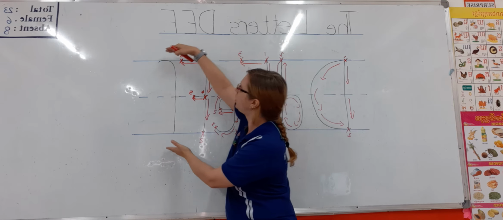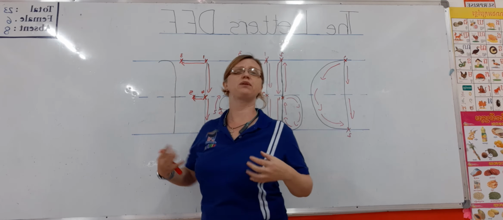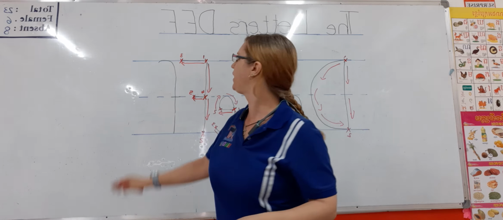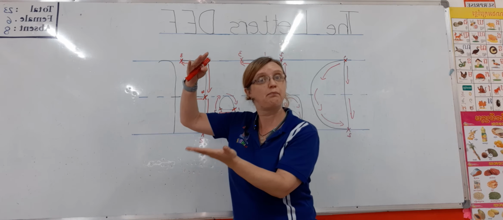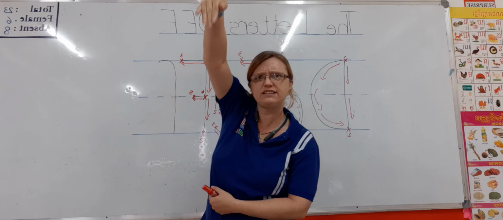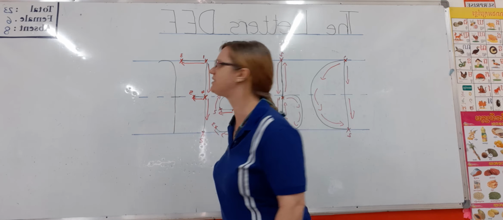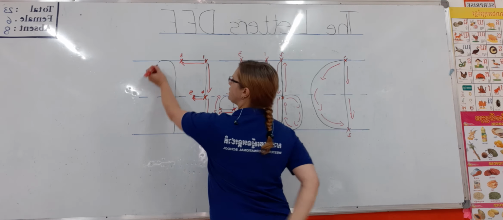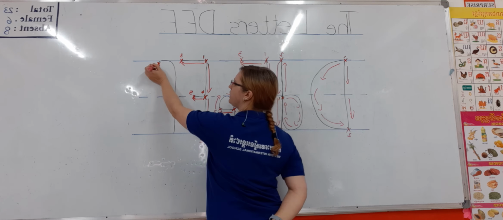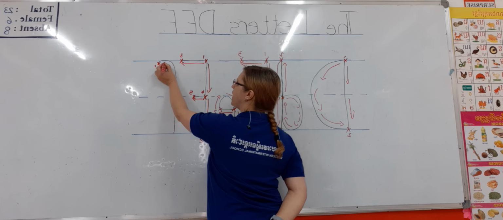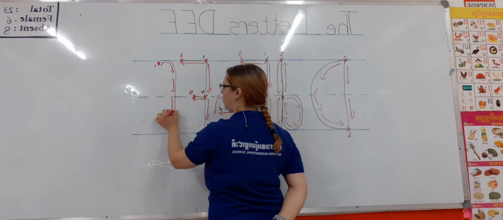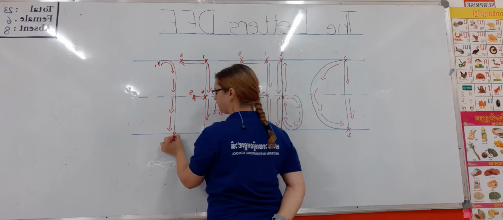So let's look at your lowercase f. Now because the lowercase f has such a flat sound, the letter still looks like a big letter because you start at the top. He stands over all the other letters. So you're going to start over here just underneath your line at point number 1, and you're going to make a short roundy round, and then you're going to come down all the way to the bottom, point 2.